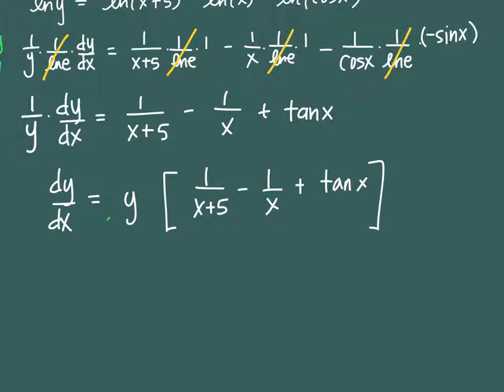And then you'll want to replace y with what it was defined to be in the first place, which was (x plus 5) over (x cos x). You don't need to get common denominators. You don't need to simplify. You don't need to distribute. That's it. But would you believe that that's the same answer, the equivalent answer you'd get if you had done the quotient rule? Okay? But this is a lot cleaner of an answer because everything is factored nicely and in fractions nicely.